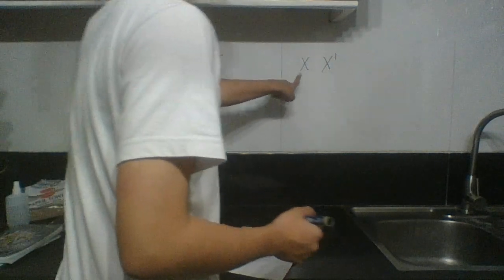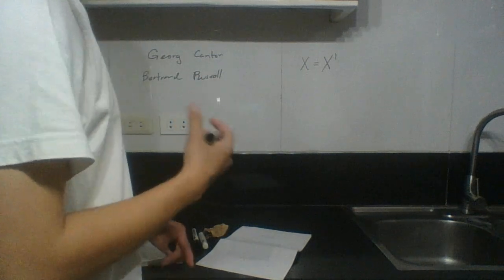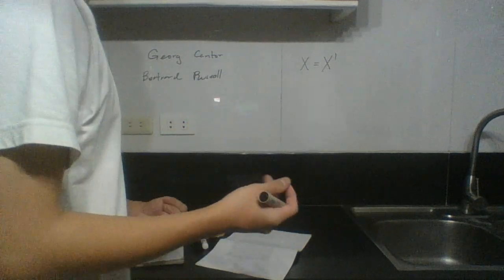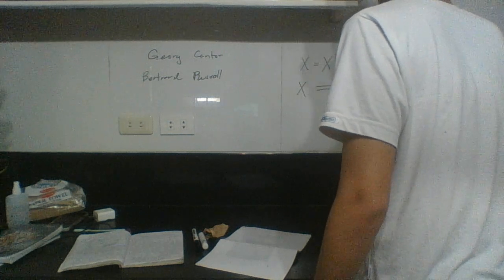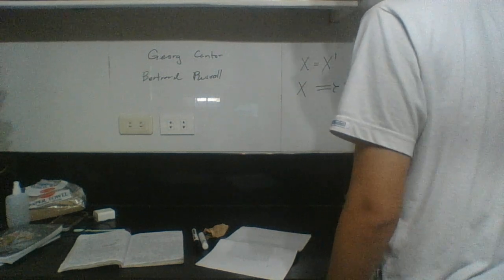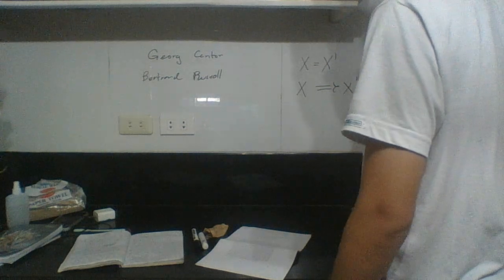Bertrand Russell examined the case of what if x and x prime are one and the same, and what if now our condition is membership. Previously we could say that x can be true if and only if x prime is true.